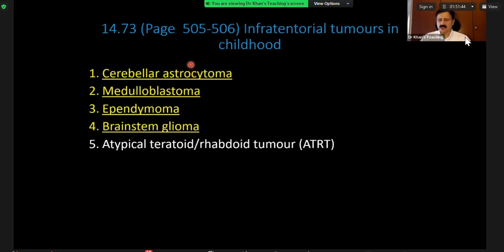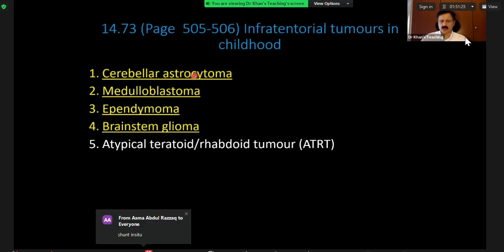It can be completely solid, and it can be solid with a cystic component. Interestingly, about 20% of them can have calcification. They arise 50% from the vermis. They can arise from the cerebellar hemisphere also. So these are the features of astrocytoma which you have to remember.